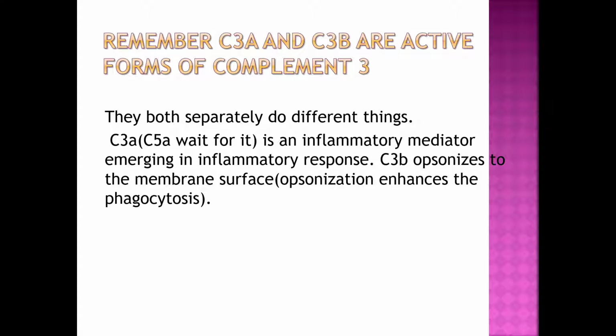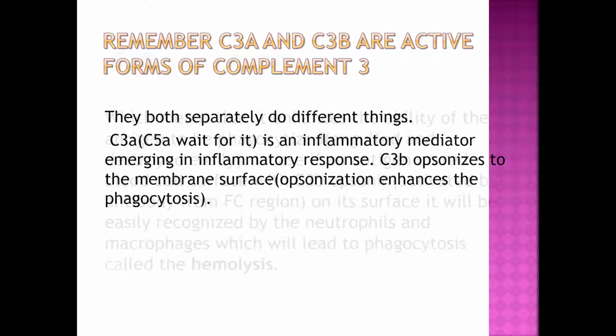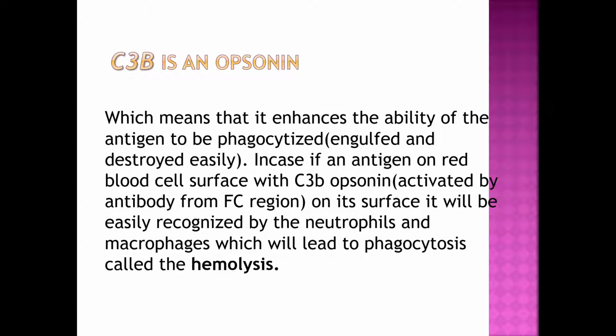C3b is an opsonizer, which means that it's going to enhance the process of phagocytosis. Let's study C3b first. Opsonization, first of all, means that it enhances the ability of an antigen to be phagocytosed, which means engulfed and destroyed easily by the macrophages.